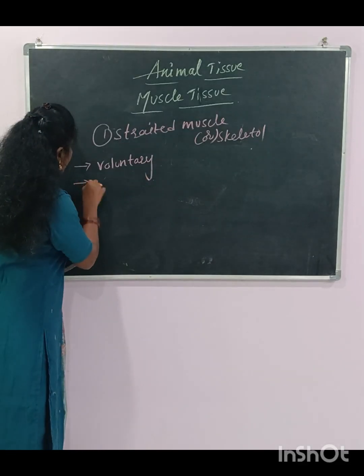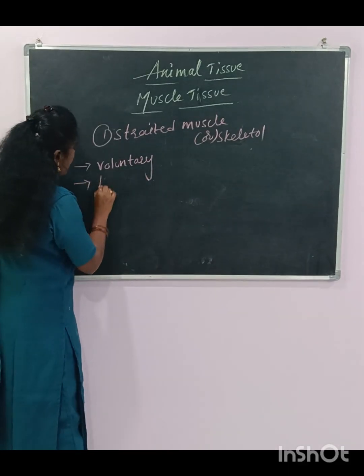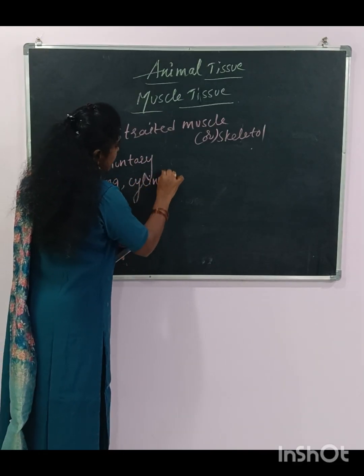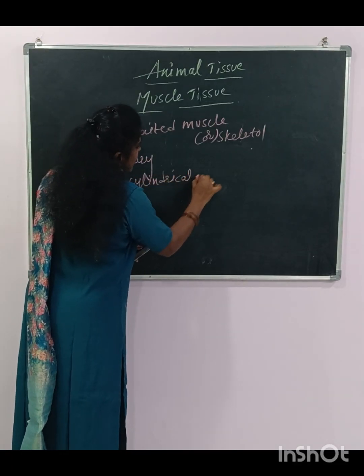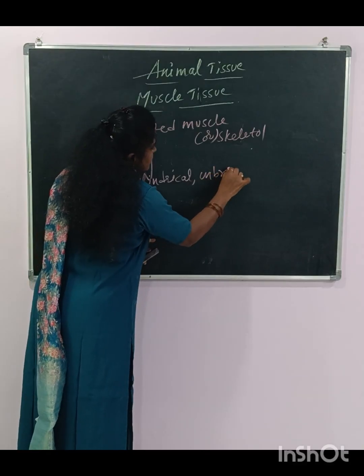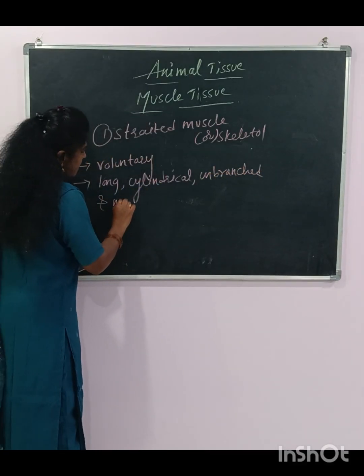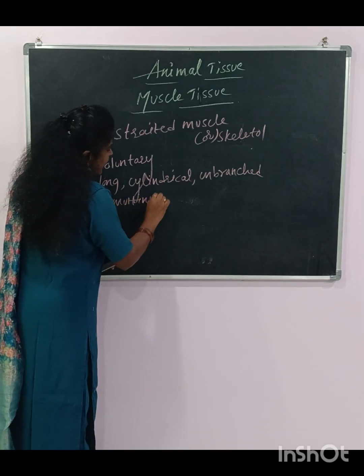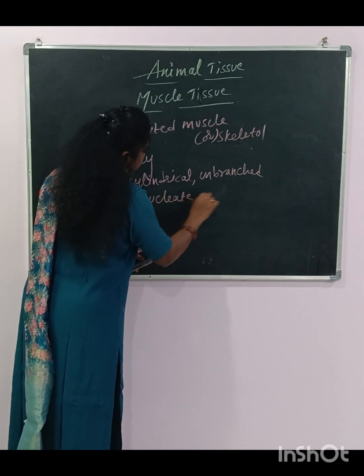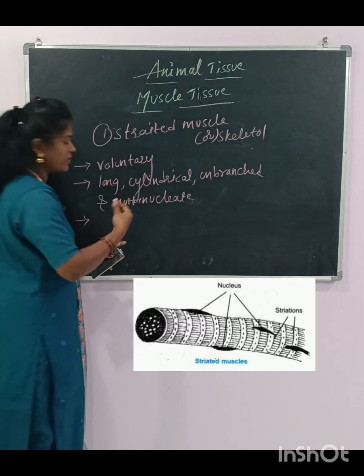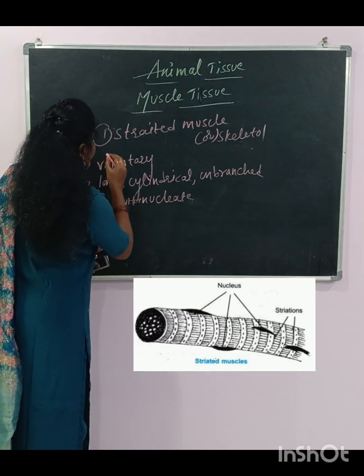And appearance, shape: long, cylindrical, unbranched and multi-nucleate. Multi-nucleate means many nuclei.